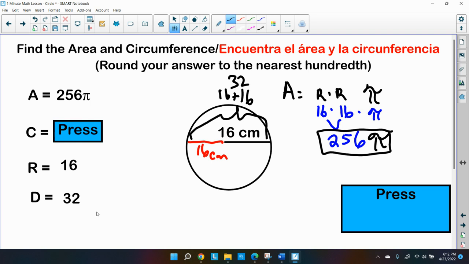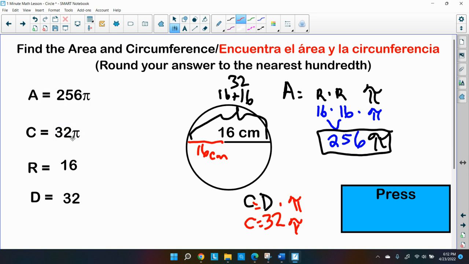And now, remember, CD, they go together. CD, and I'll put the diameter of 32 and put a little pi sign at the end, because C for circumference is equal to 32 pi. And there is my answer. Now, Dr. Roberts said you had to round your answer to the nearest hundredth.